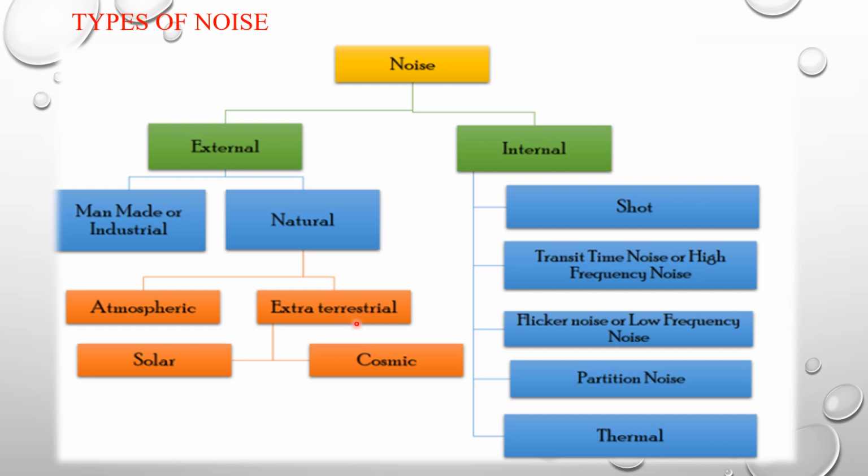The extraterrestrial noise is further classified into two types: solar noise and cosmic noise. The internal noises are shot noise, high frequency noise or transit time noise, low frequency noise or flicker noise, partition noise and thermal noise. So these are some types of noises.